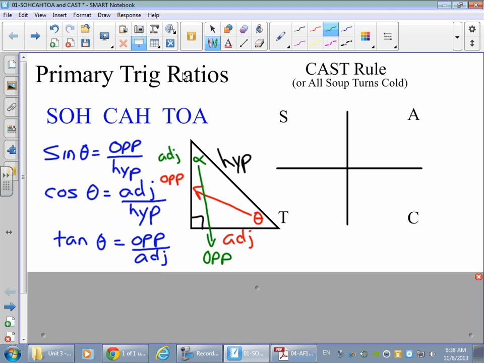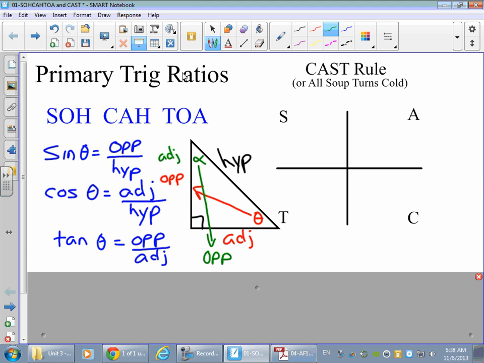So basically, in order to do any questions, we always have to start with an angle. Focus on an angle, either the angle that we want to find or the angle we already know, and use it as a base point to determine where an opposite and adjacent will be, and that will allow us to then use sine, cos, and tan appropriately.